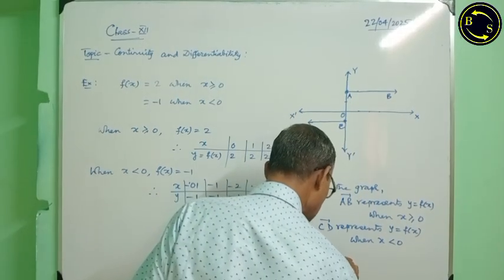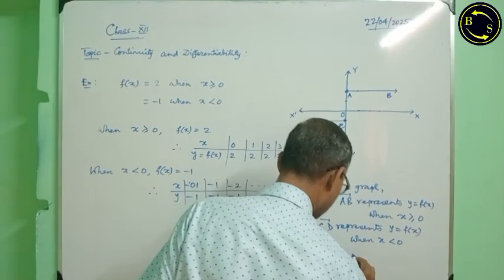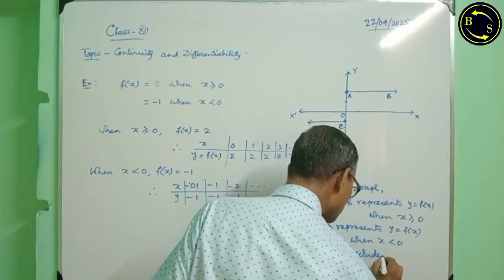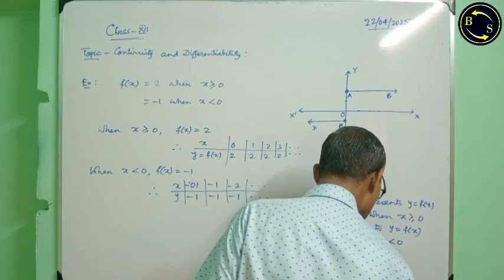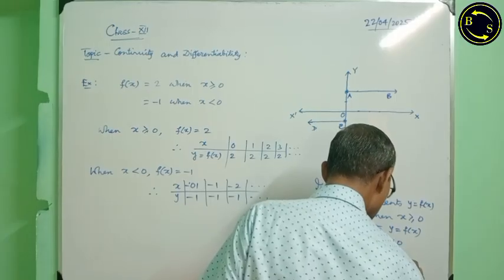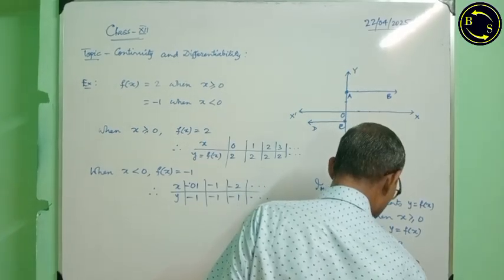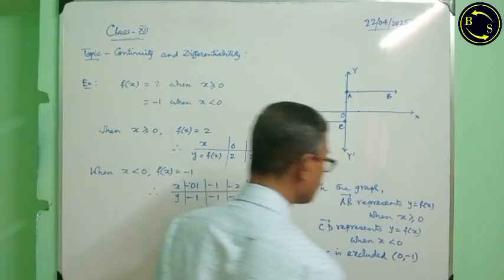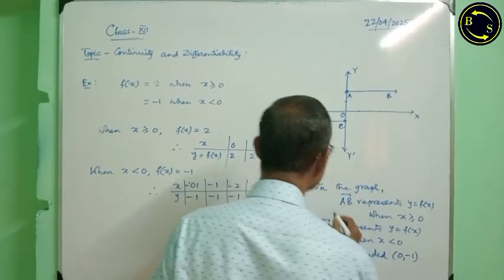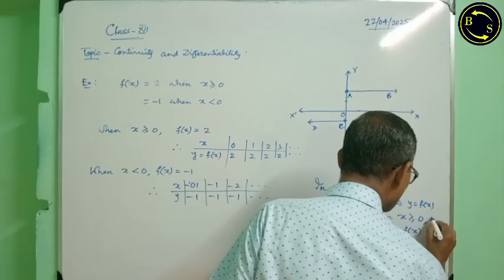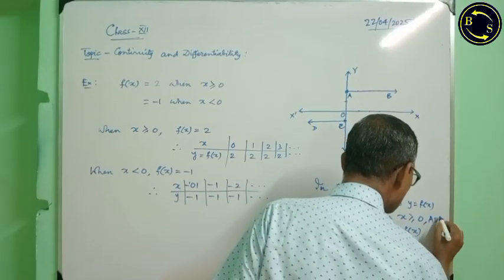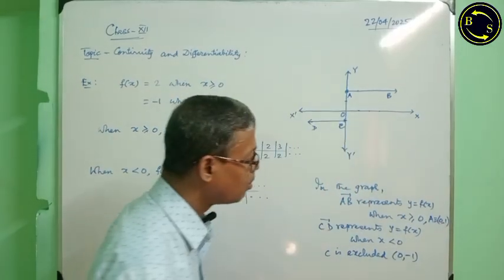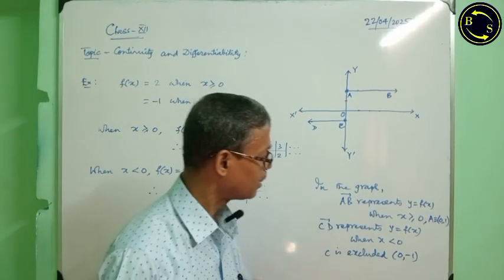Here C is excluded. Here we can write the coordinates of A.